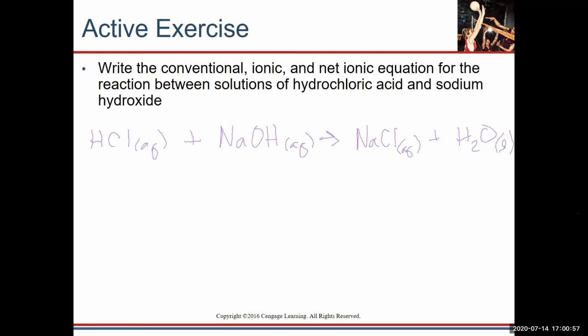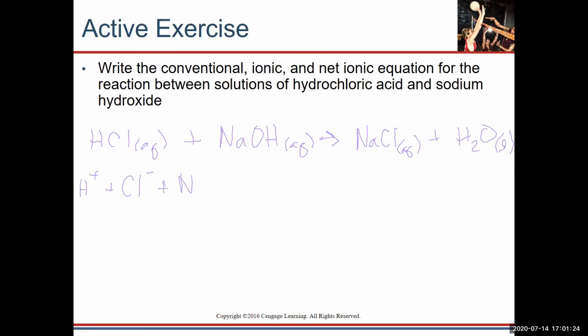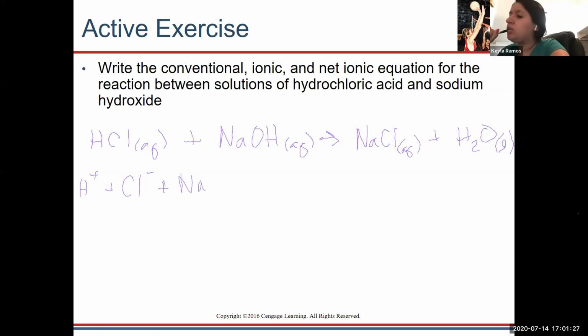And then my ionic is going to be H plus. H plus, would that be solid? Wait, I don't think we put the states when we're doing ionic, right? We just put the charges. I think you do put them. Yeah, you do. I'm looking back at the previous examples and you do.